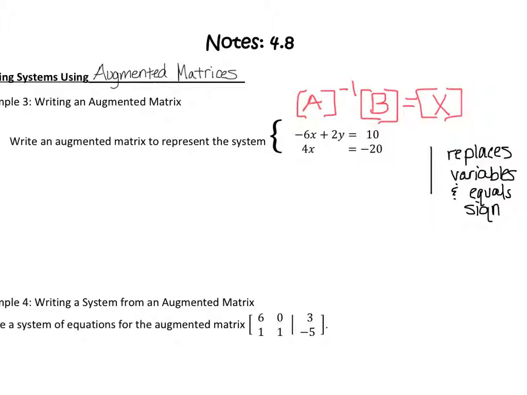All right, so we are going to have a matrix with a line in it, and then you just take the numbers. So the first row is going to be -6, 2, and then 10 on the other side of the line.